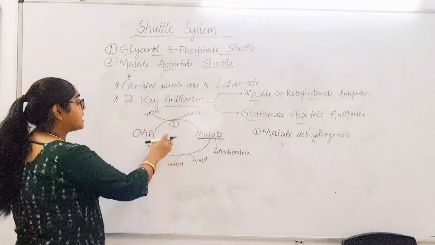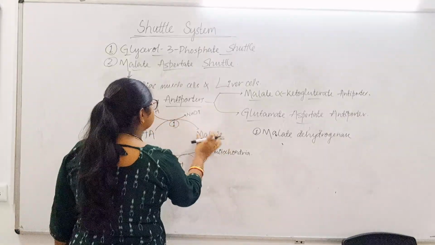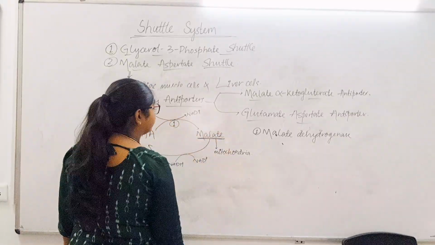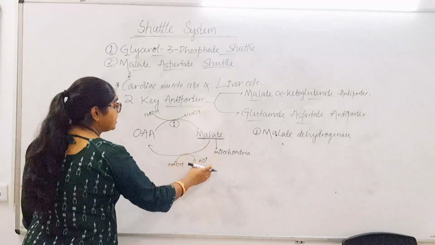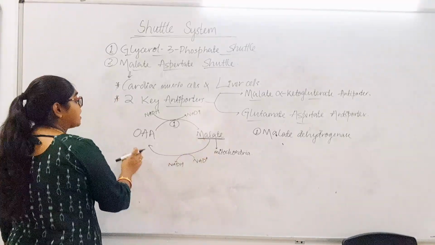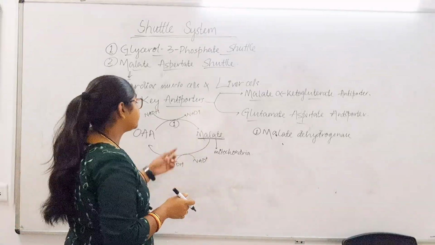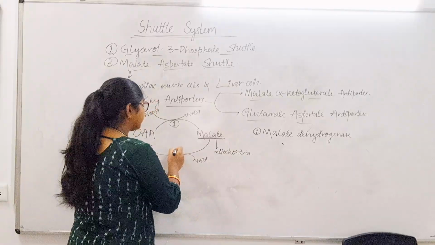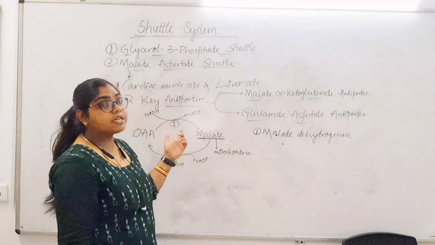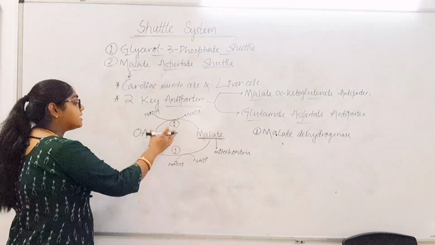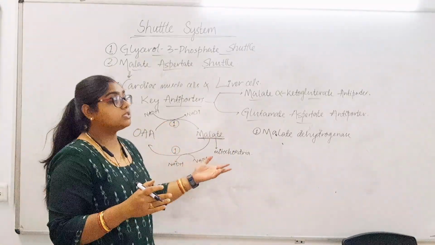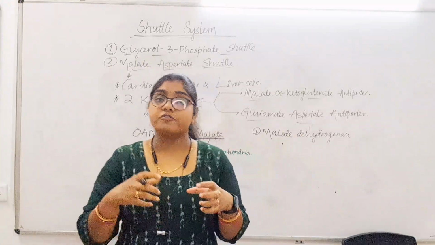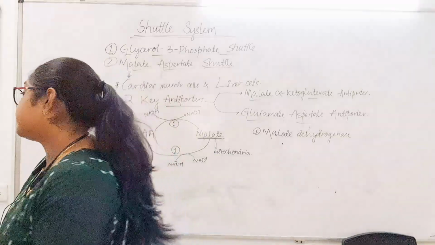So with the help of this malate, NADH entered into the mitochondria, and here it used some NAD plus to convert back to oxaloacetate in the presence of the enzyme, again malate dehydrogenase. So it is a reversible reaction catalyzed by malate dehydrogenase. This malate dehydrogenase can catalyze both the forward and the reverse reaction.